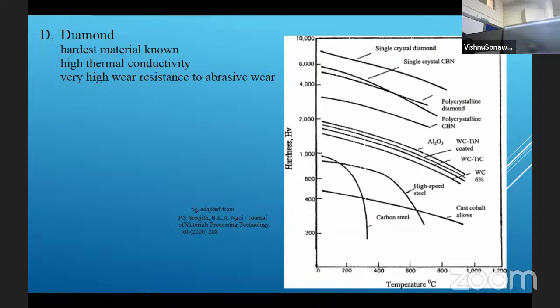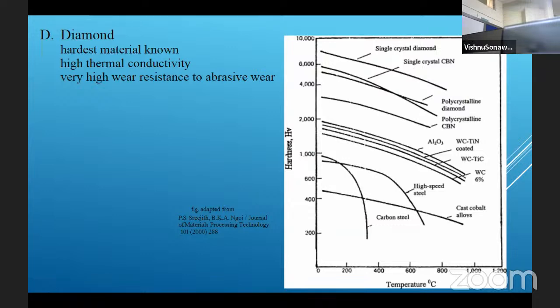Titanium nitride tool coating is applied onto this tungsten carbide material. Then the next is high speed steel, then carbon steel and cast cobalt alloy. Here these are the different temperature ranges for the hardness.